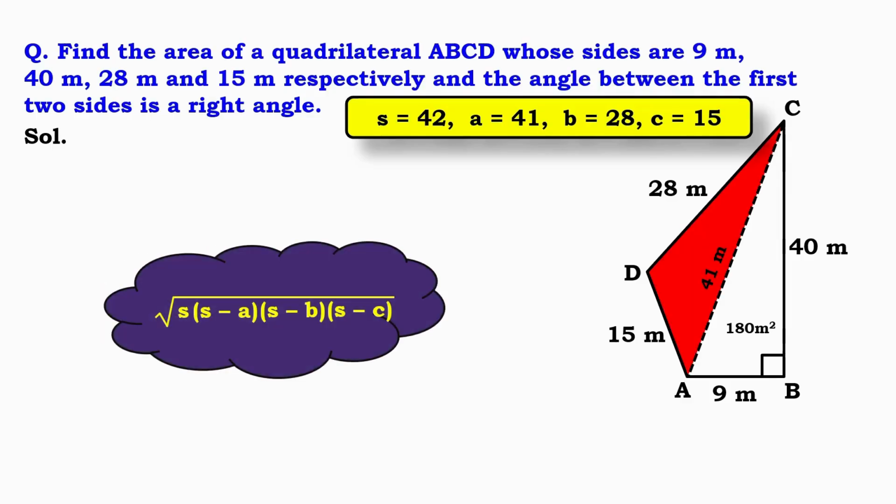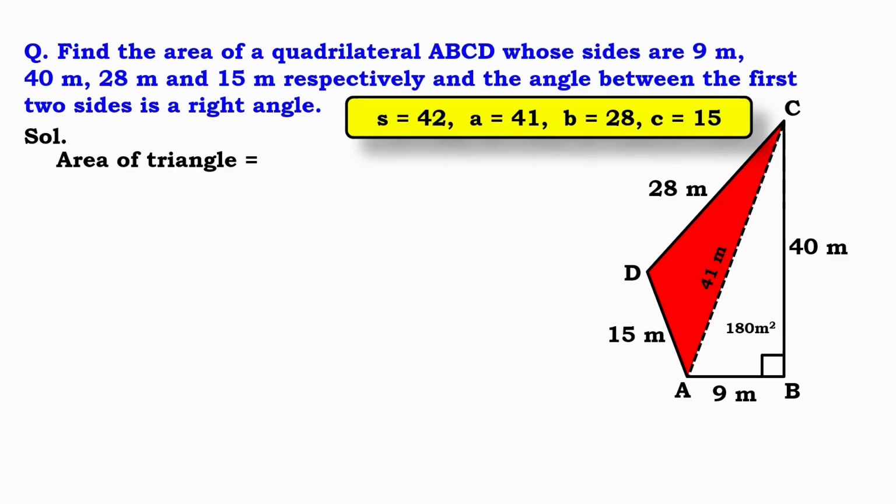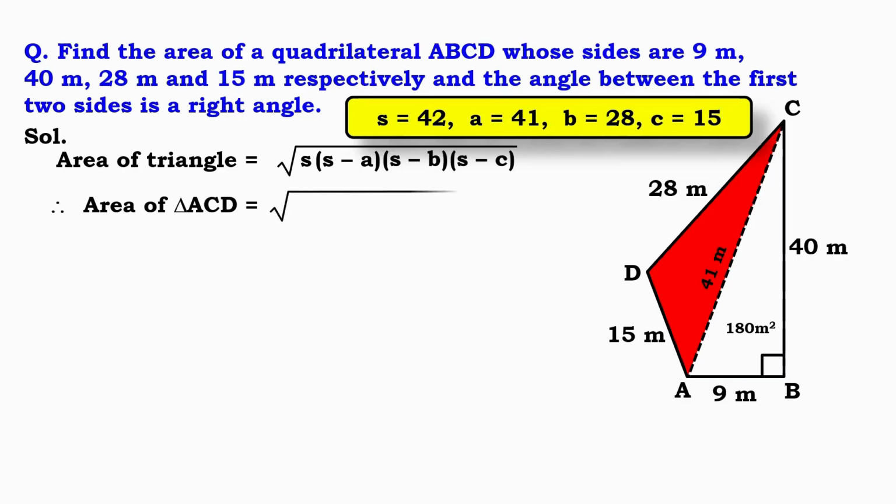That is equal to the square root of S into S minus A into S minus B into S minus C. So the area of triangle ADC equals the square root of 42 into 42 minus 41, then 42 minus 28, then 42 minus 15.